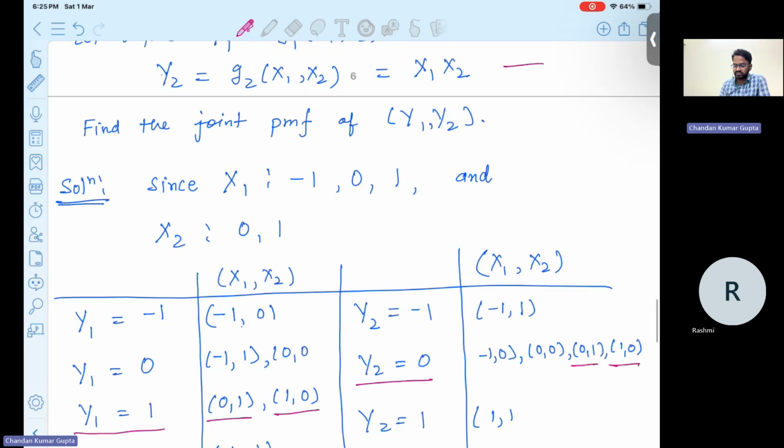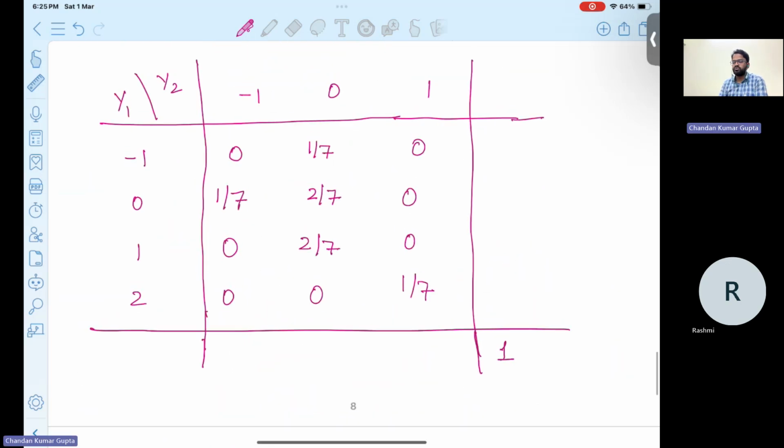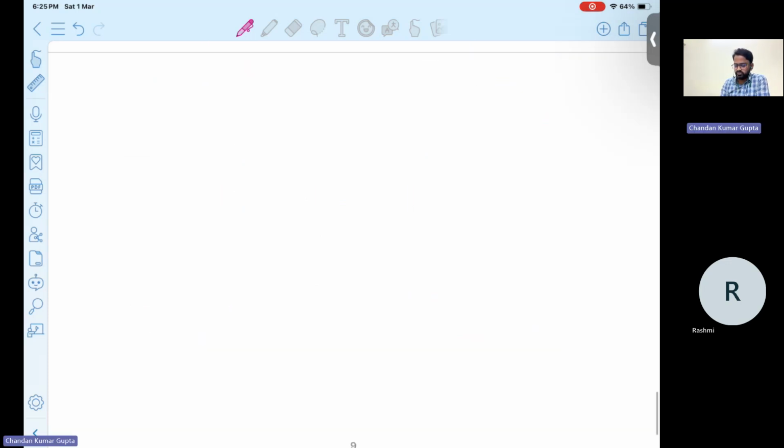So this is how we calculate the joint transformed distribution when we have a known distribution. We have one more similar example. Is there any doubt? If so, you can ask.